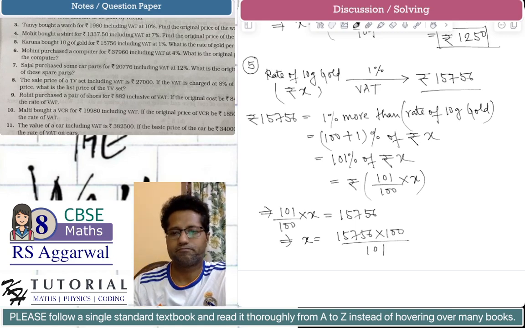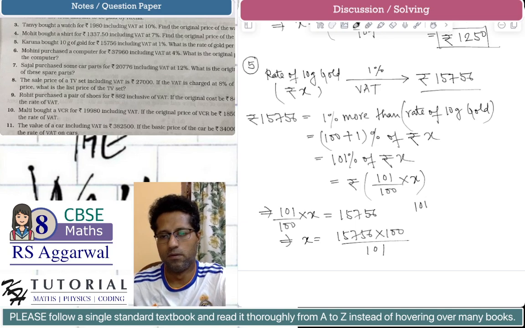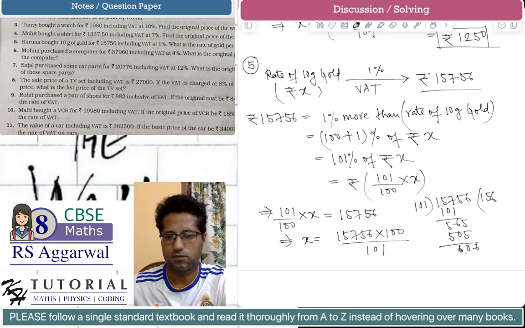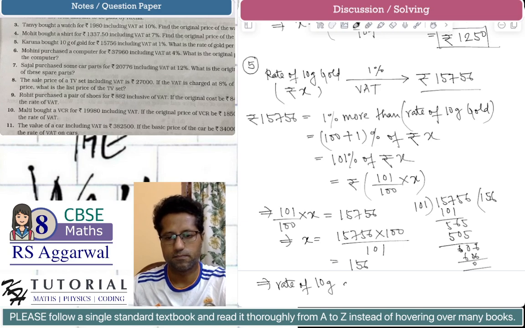Okay, let's divide. 15,756 divided by 101 gives 156. So the rate of 10 gram gold is equal to rupees 156.